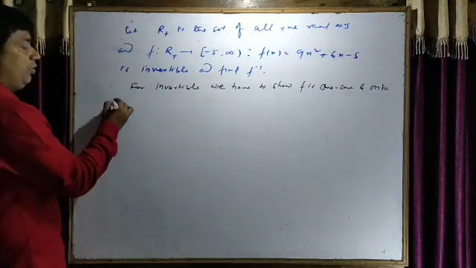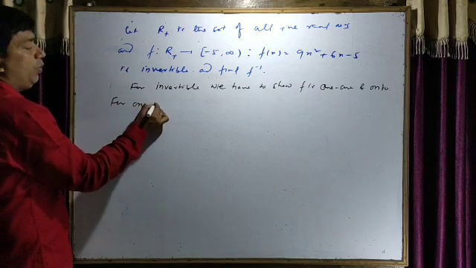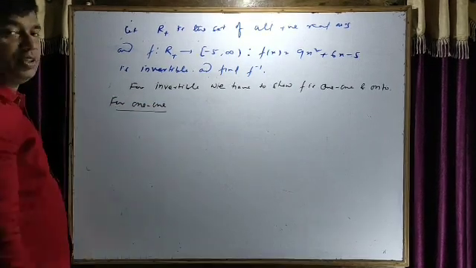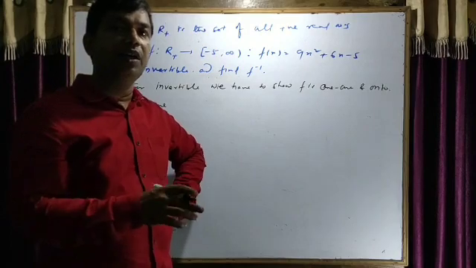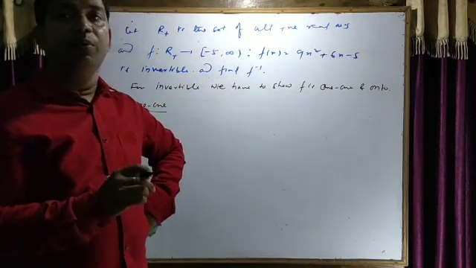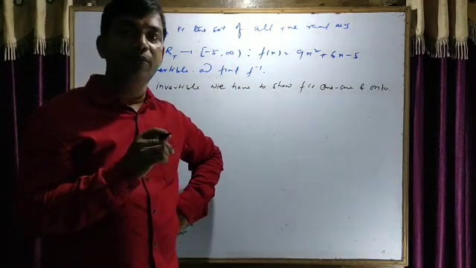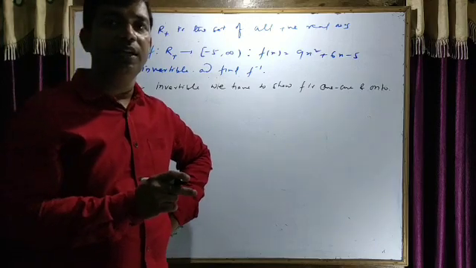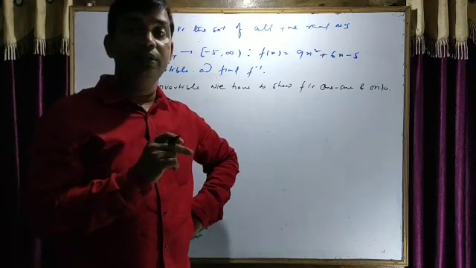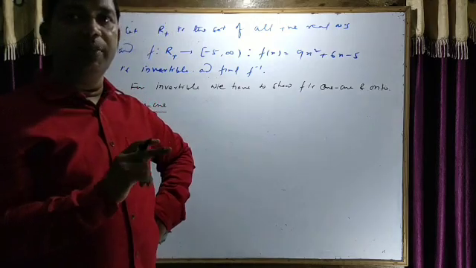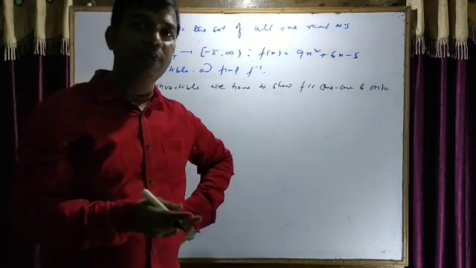Now how can we do it? For 1-1, the concept is never changed, it is always the same. Earlier, how did we prove 1-1? From the first set we take two distinct elements and prove that two distinct elements have two distinct images.